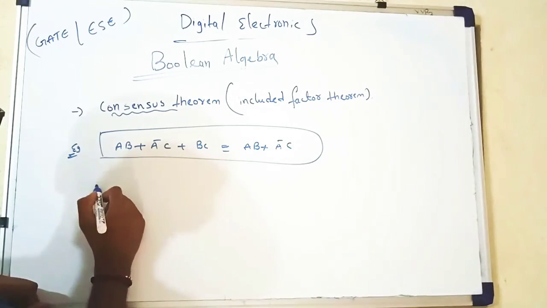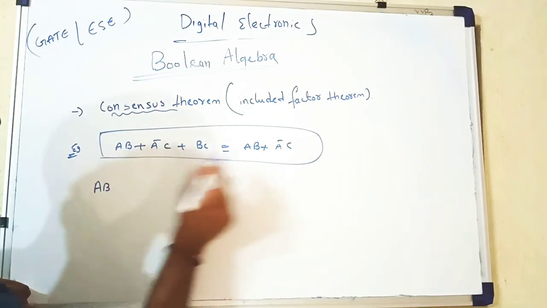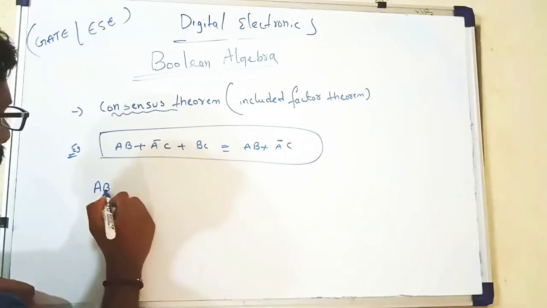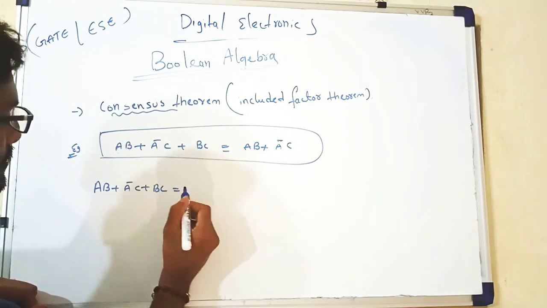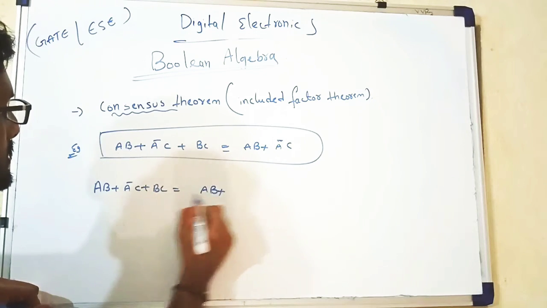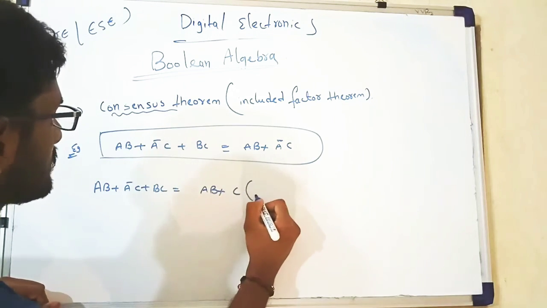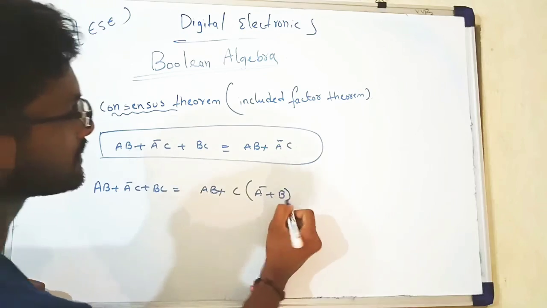Now let us see how we are getting this as AB + A bar C. AB + A bar C + BC equals AB + A bar C plus BC, where we take C as common: C(A bar + B).